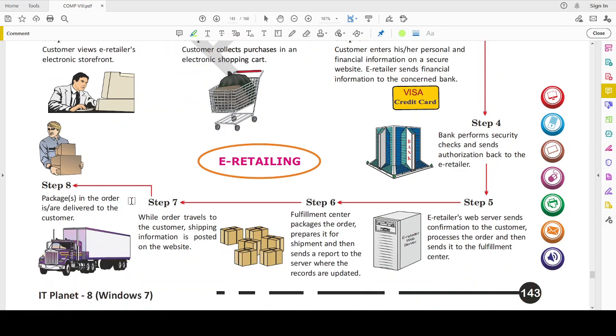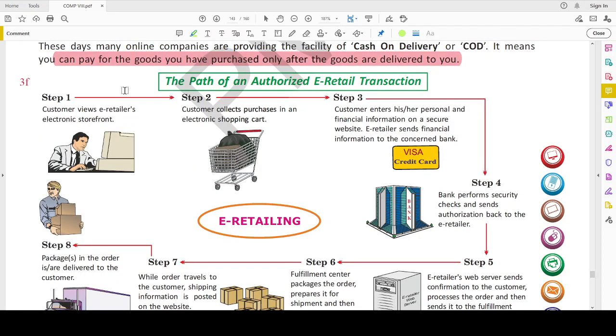So you can see here they have shown in steps what the customer is doing. He is visiting the e-retailer's electronic storefront, and goes through the items that are sold by the retailer.